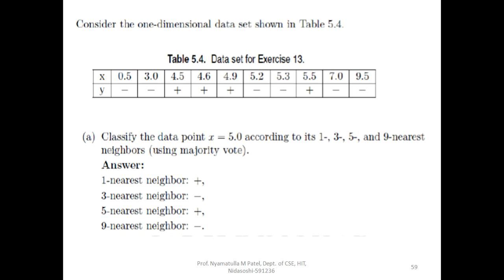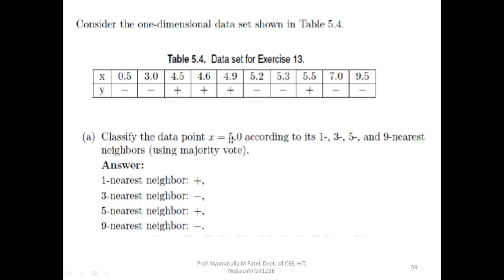Consider one example, a one dimensional data set in table 5.4. Classify the data point x, where x is 5.0, using 1, 3, 5 and 9 nearest neighbors with majority vote.